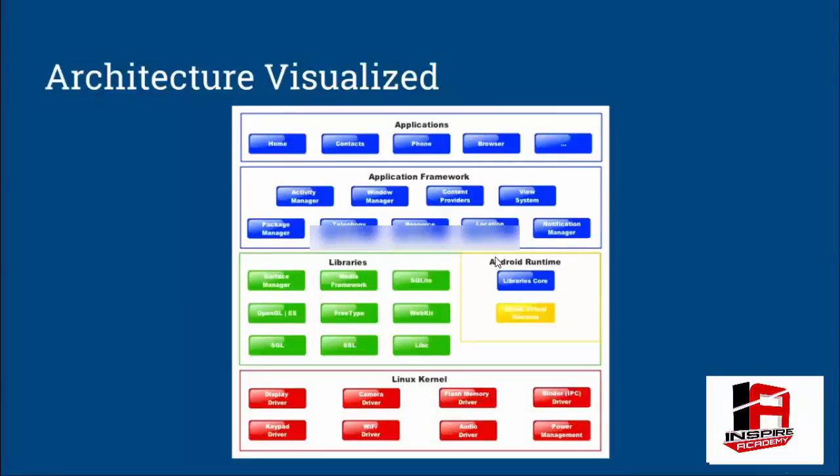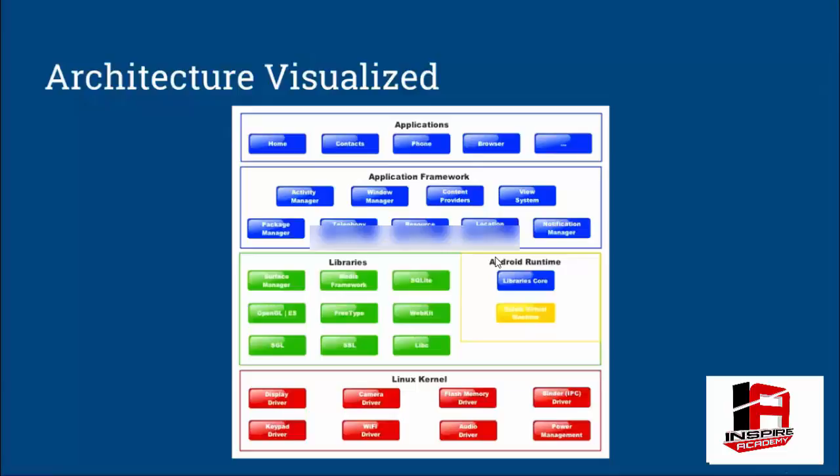So I'm going to move on here. You'll notice at the very bottom, as I said, we have the Linux kernel. And the Linux kernel interacts with all of the hardware, right? It provides a layer of abstraction with the hardware. So you'll notice that's our lowest layer, the layer that all of the other layers rely on. That's the layer in red there.